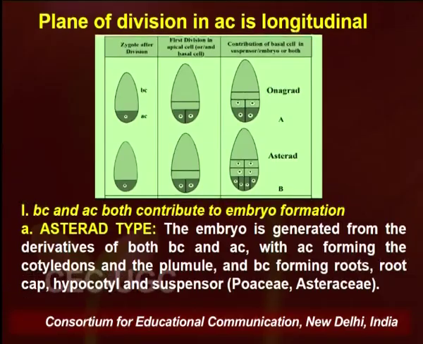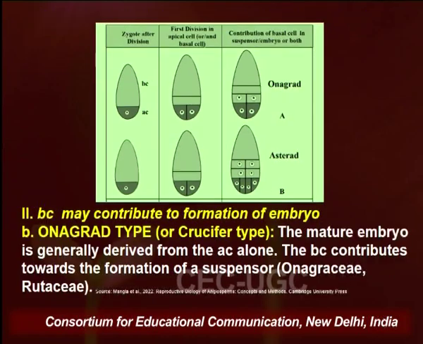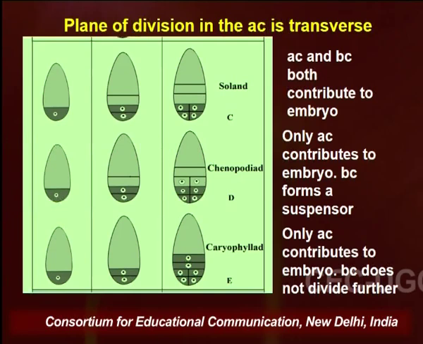If it is longitudinal, we have the Asterad and the Onagrad type, and if it is transverse, then we have three types, that is Solanad, Chenopodiad and Caryophyllad type, and this depends on how much each one of these is contributing. If it is only the apical cell which is contributing, or it is apical cell and some bit from the basal cell, or it is both which contribute. So, these lead to different types of embryogeny.